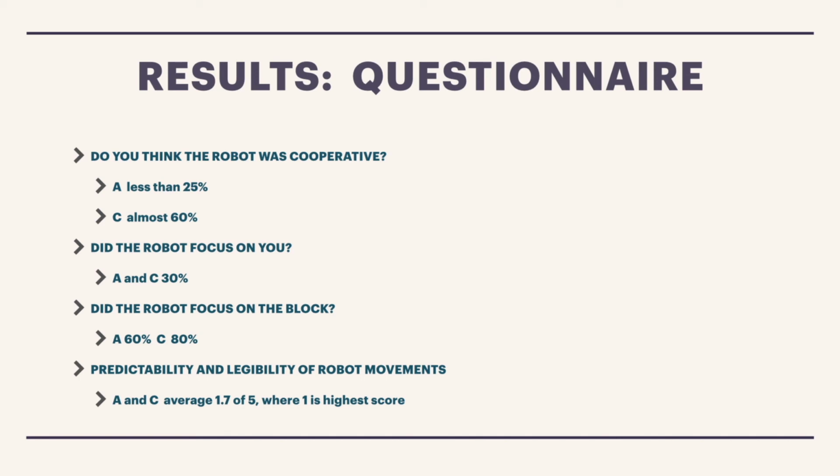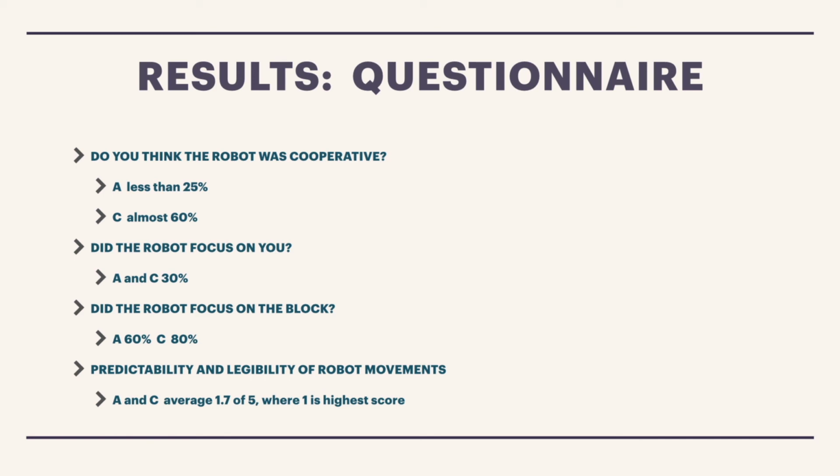Did the robot focus on the block? A much higher percentage answered in the positive, which means that being cooperative is conceived of as something having to do with focusing on the block and not like a social engagement thing. This is what these two questions indicate.